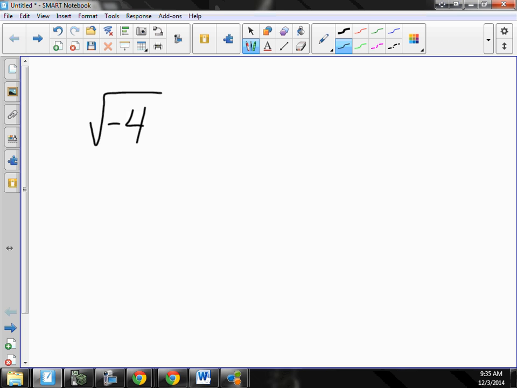Okay, so if I had negative 4 raised to the 1/2, which is exactly like this. Are you allowed to take roots of negative numbers sometimes? Are there some roots that will work? Can you think of any roots that do allow negative numbers?